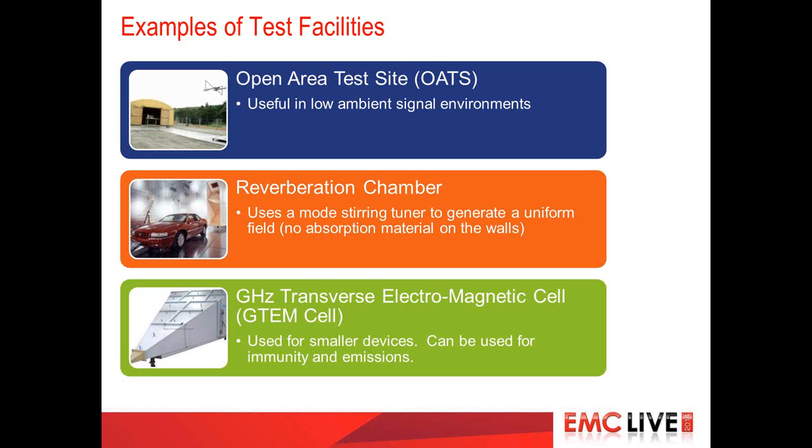Probably what most folks interested in an EMI receiver are going to want is an accredited calibration, so 17025 accredited calibration, and that is what most EMI test labs, EMI test facilities want to ensure they have valid accreditation. So accredited calibrations is probably what you're after, and that's what we offer.